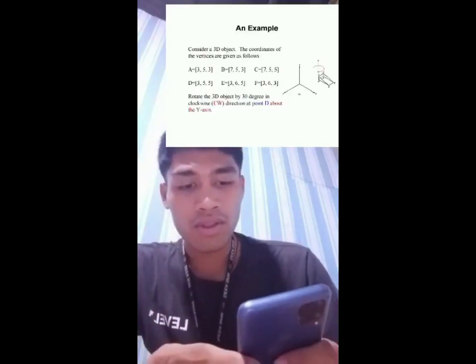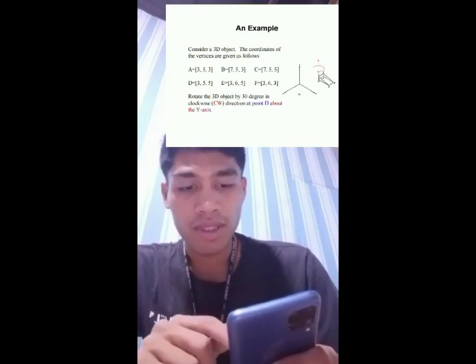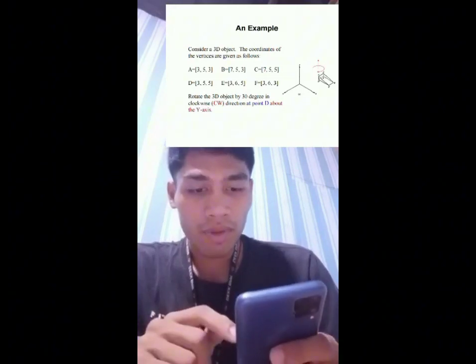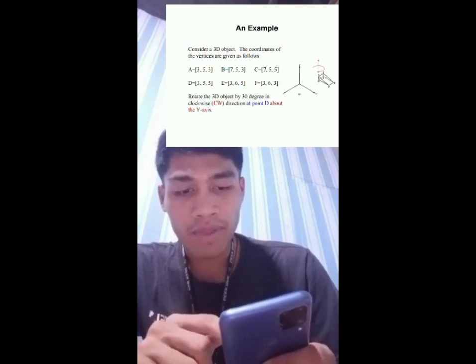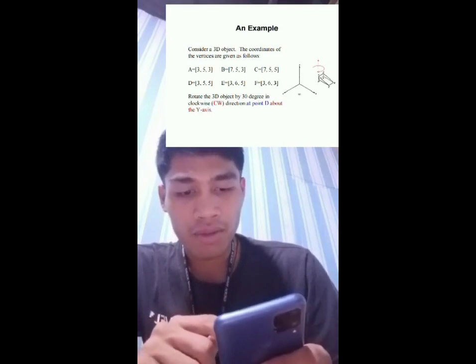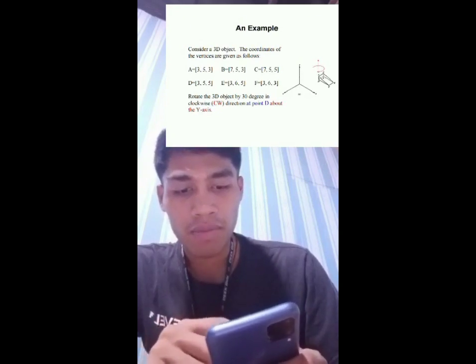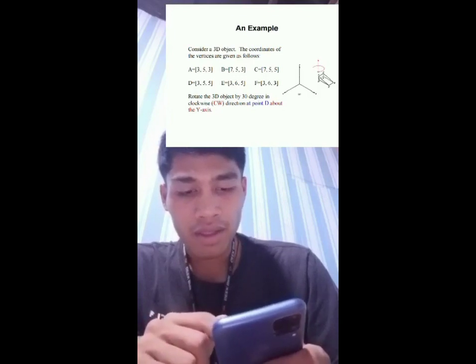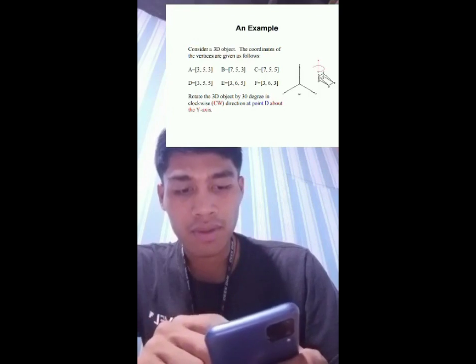Here is an example. Consider a 3D object. The coordinates of its vertices are given as follows: A is equal to 3 5 3, B is equal to 7 5 3, C is equal to 7 5 5, D is equal to 3 5 5, E is equal to 3 6 5, F is equal to 3 6 3.